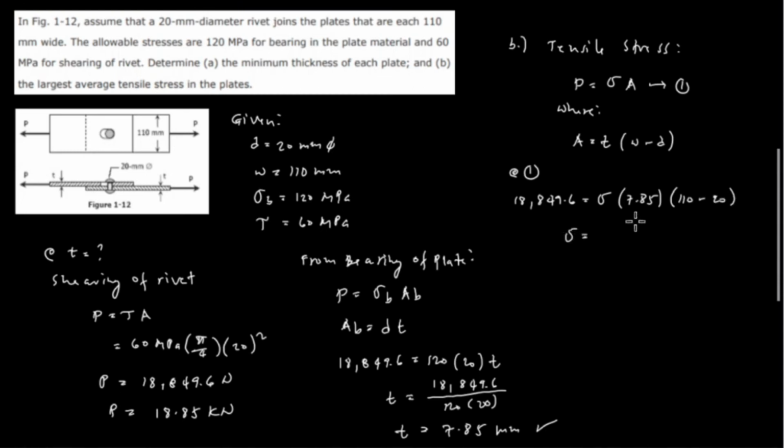Sigma is equal to 18,849.6. We divide by 7.85, and 110 minus 20, which is equivalent to 90. And the tensile stress is equal to 26.67, and the unit is in megapascal.